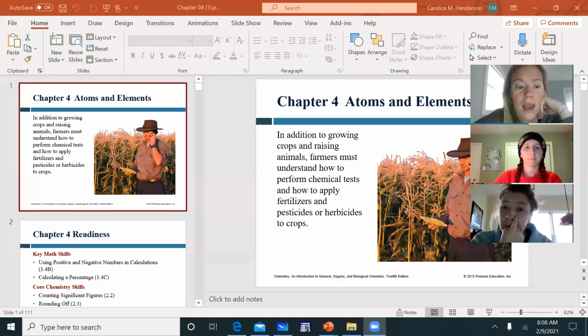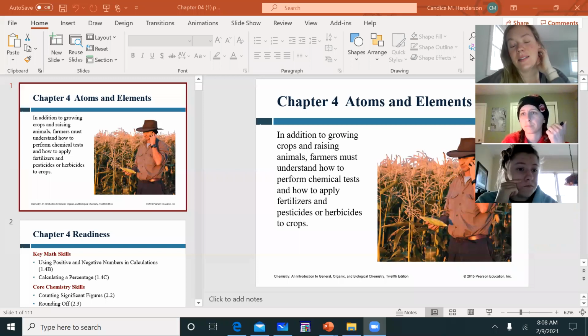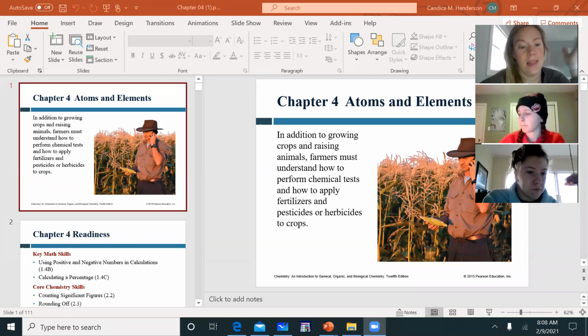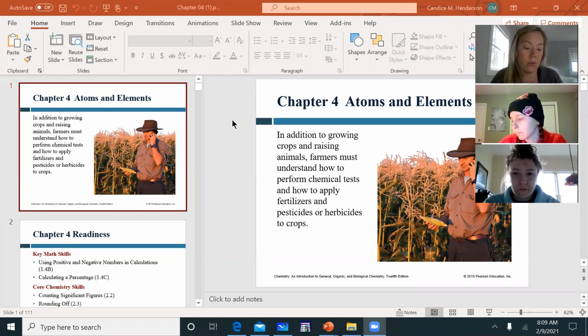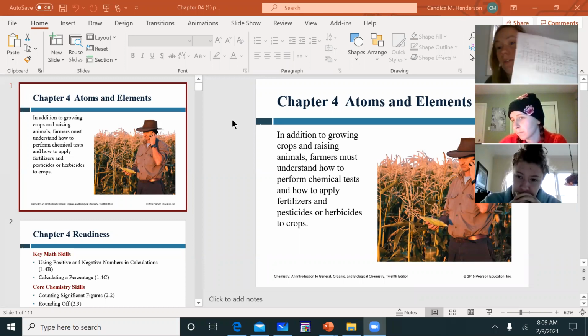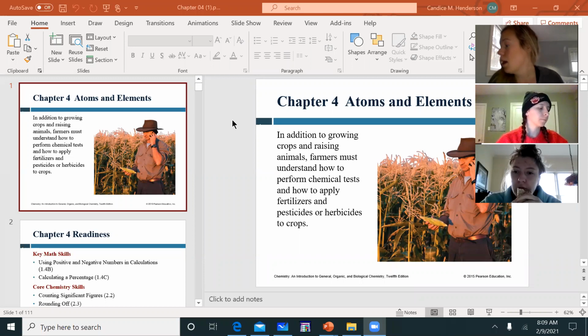So the next chapter that we're working on is a big chapter. There's a lot of information in it. It talks all about atoms, elements, and lots of things with the periodic chart. So make sure that you have a copy of a periodic chart available.